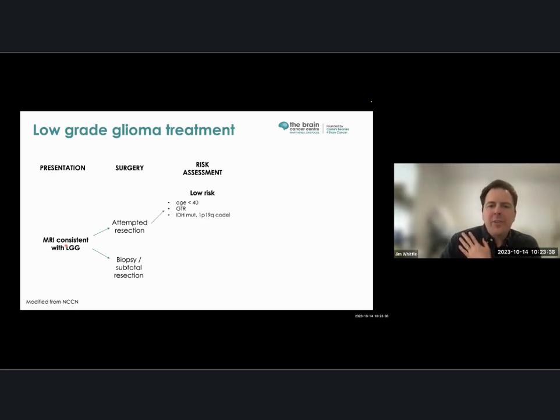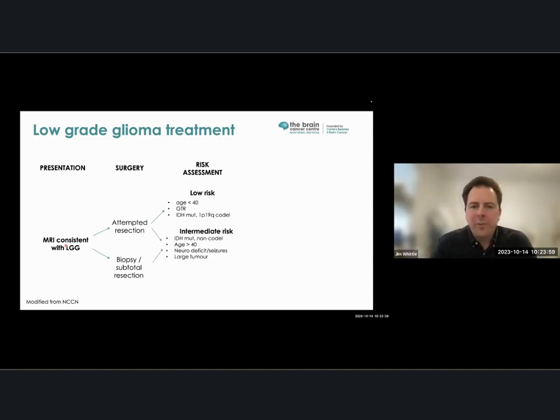And we then make a risk assessment. Low risk, I would consider a patient who is under the age of 40, who's had a gross total resection or a very good resection, who is IDH1 or IDH2 mutated and has 1p19q co-deletion. And balance that against the more intermediate risk group.